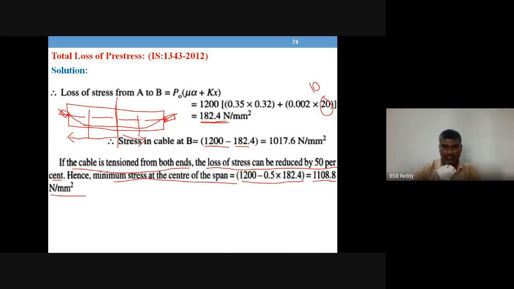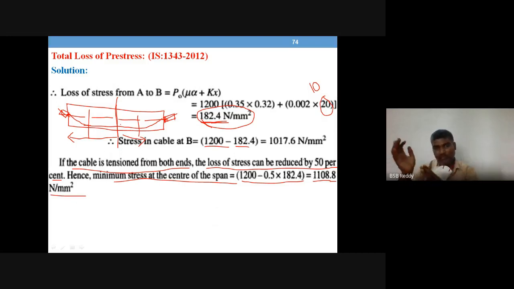After losses, there will be only 50% losses. This is when you jack from one end. When you have jacks from both the ends, friction loss will be reduced to 50%. The reason, as I told you, is that when you jack from both the ends, only half of the length will participate in the friction phenomena.